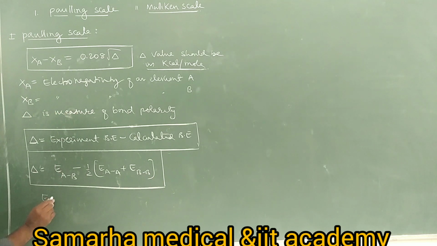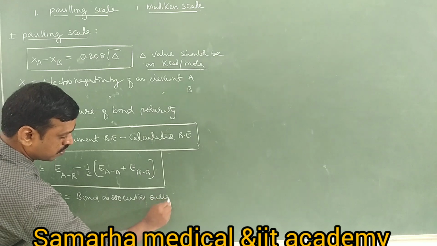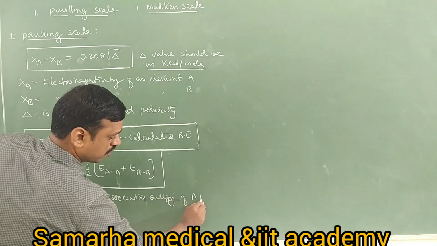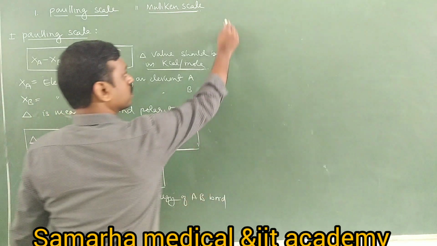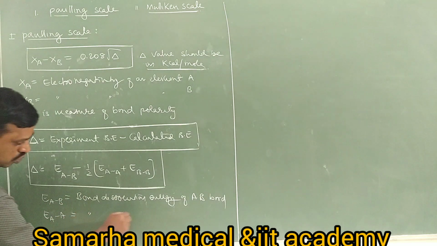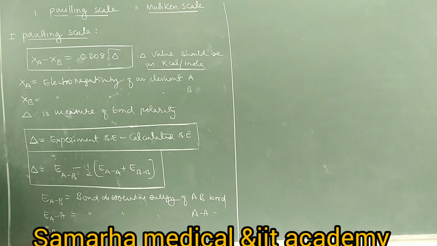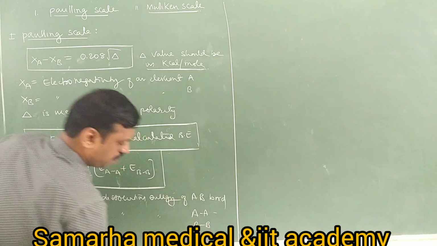Where EAB is the bond dissociation energy of the AB bond, EAA is the bond dissociation energy of the AA bond, and EBB is the bond dissociation energy of the BB bond.